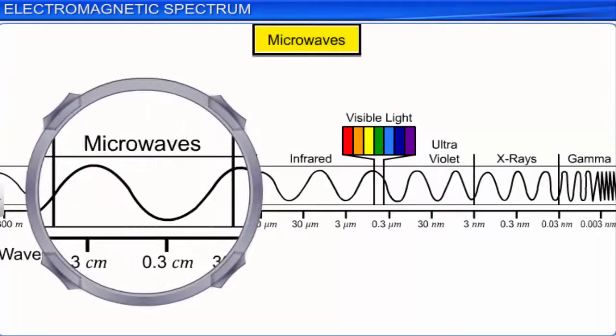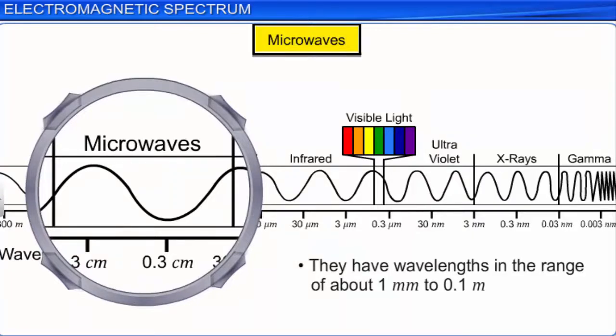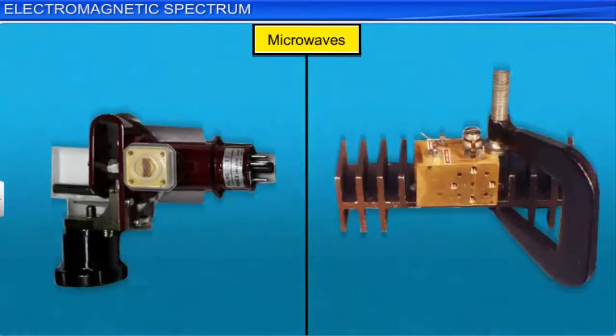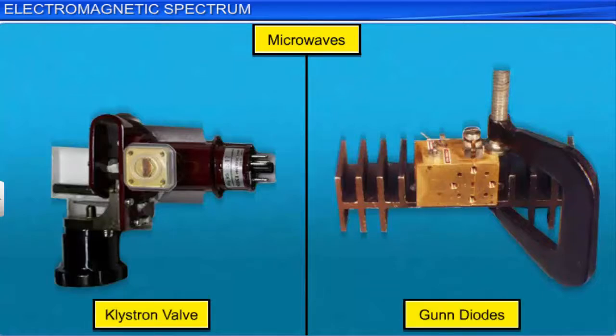Let us now learn about microwaves, which have wavelengths in the range of 1 millimeter to 0.1 meter. Microwaves with frequency in the gigahertz range are produced by special vacuum tubes like the magnetron valve or klystron valve or gun diodes.